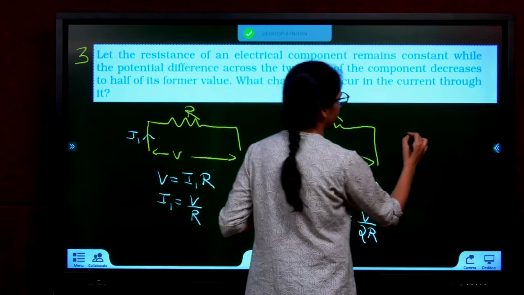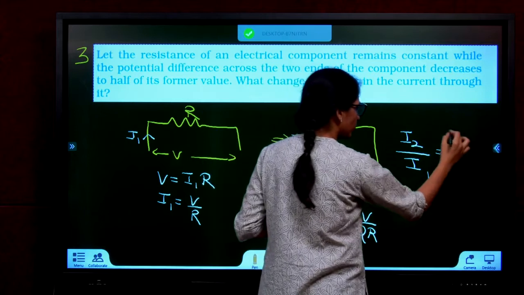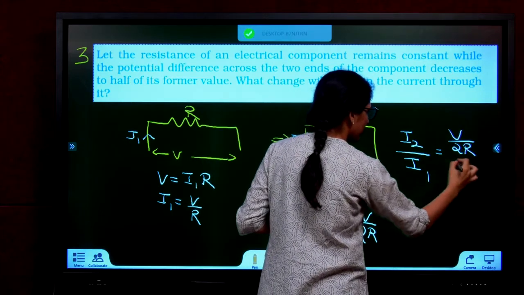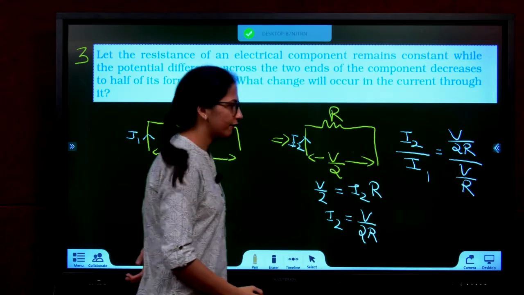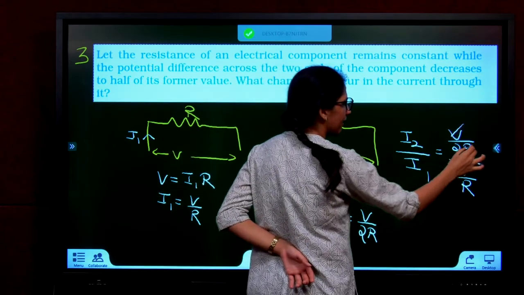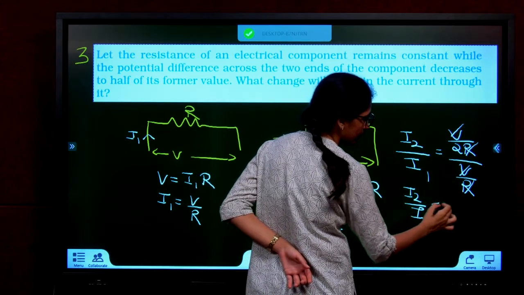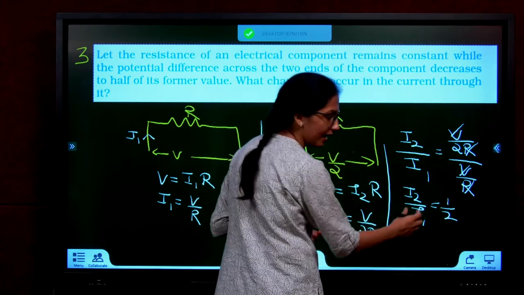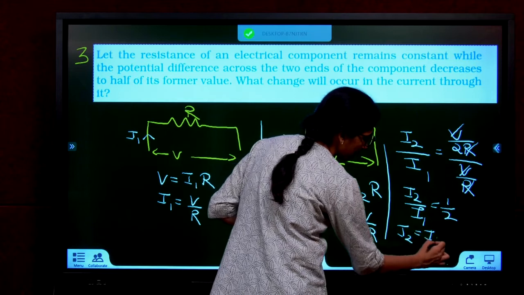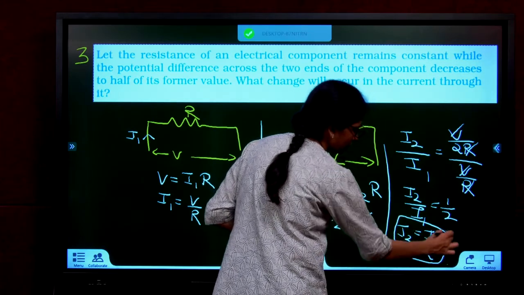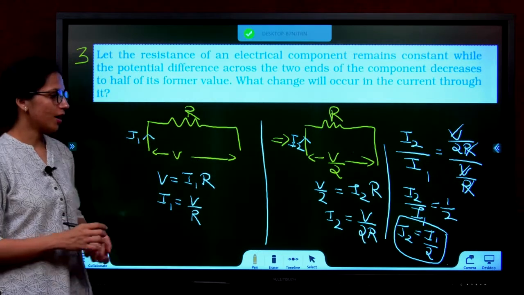Always take the new by old ratio. I2 by I1. I2 is V by 2R and I1 is V by R. Observe carefully. V cancels, R cancels. I2 by I1 is equal to 1 by 2. Sending I1 up, I2 is equal to I1 by 2. Therefore, the new current is half of the old current, or the former current.